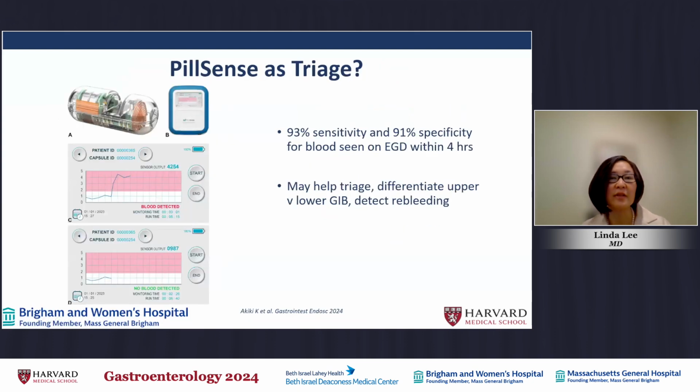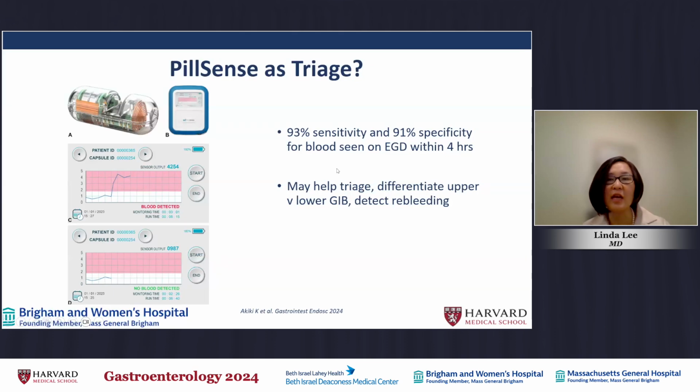Now, very recently, there's this newer capsule called PillSense that is intriguing as it simply detects the presence of blood, as you can see here, once it's paired with this iPad-like display device. After the patient swallows the capsule, within 10 minutes, it'll either say, yes, blood is detected, or no, blood is not detected.